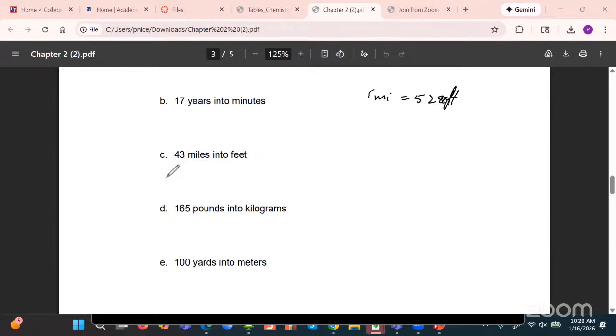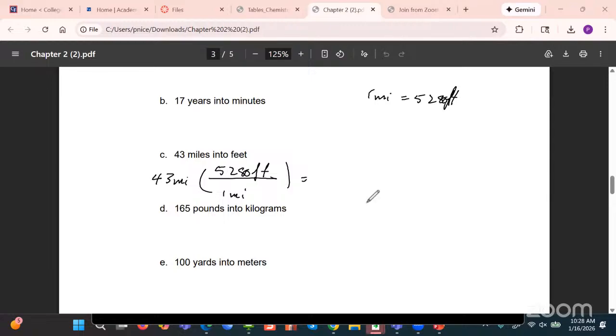Well, let me start you guys off. 43 miles. What do we multiply that by? What goes up top and what goes below? 5,280 feet and 1 mile down here. All right. So let's see here. 43 times 5,280.